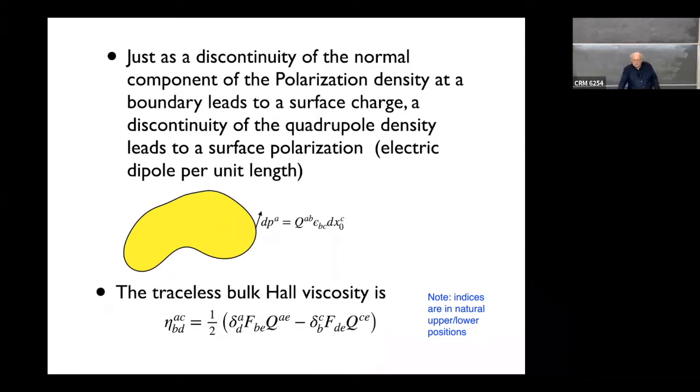Another interesting formula is the Hall viscosity, which has dimensions of Planck's constant per unit area, and has a very simple looking expression. It's given by two basic ingredients, the Faraday tensor and the quadrupole tensor. Since the Faraday tensor is like B and the quadrupole tensor is an energy, EB is h bar over a length squared.